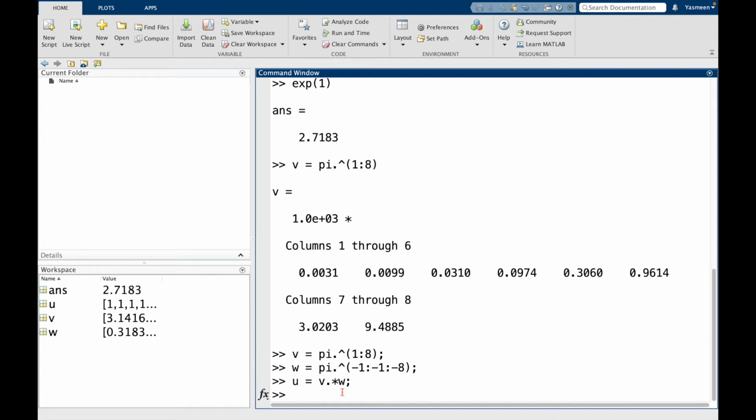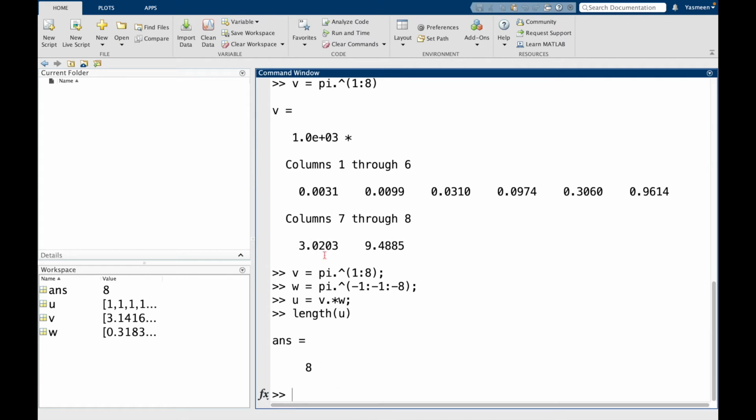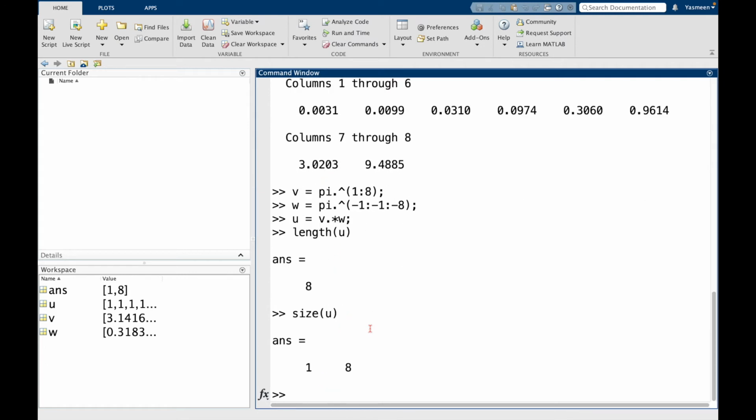And remember, the length of u is 8 because there are 8 elements, and its size is 1 by 8. So when I do u double equals 1, I expect a 1 by 8 row vector that has a 1 everywhere where u is equal to 1 and a 0 everywhere where it isn't equal to 1.